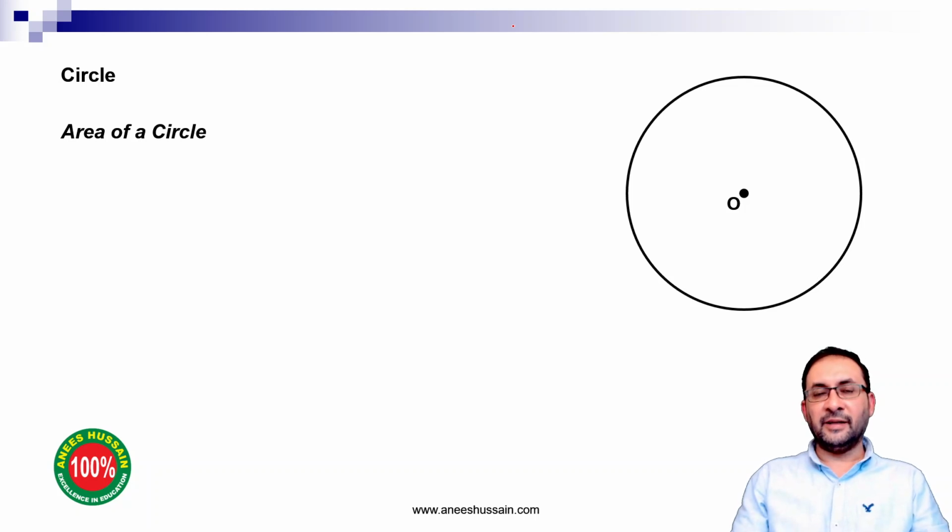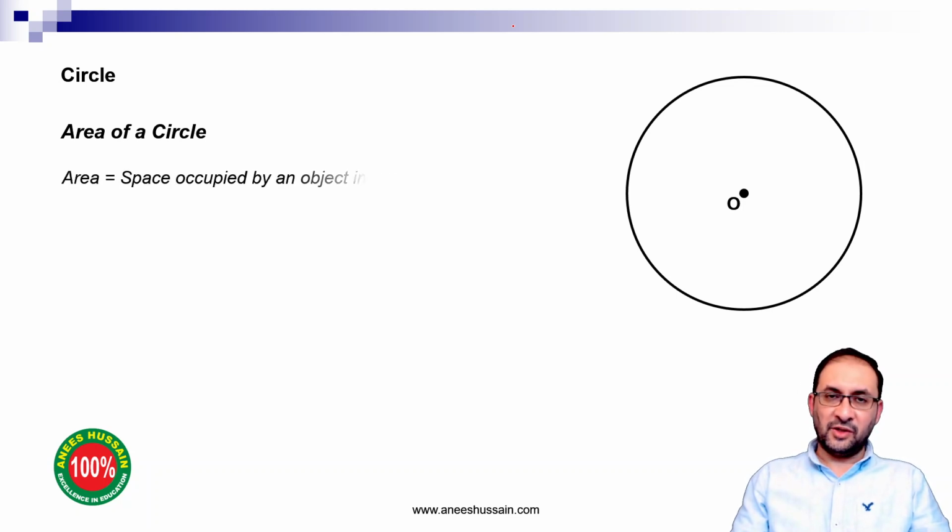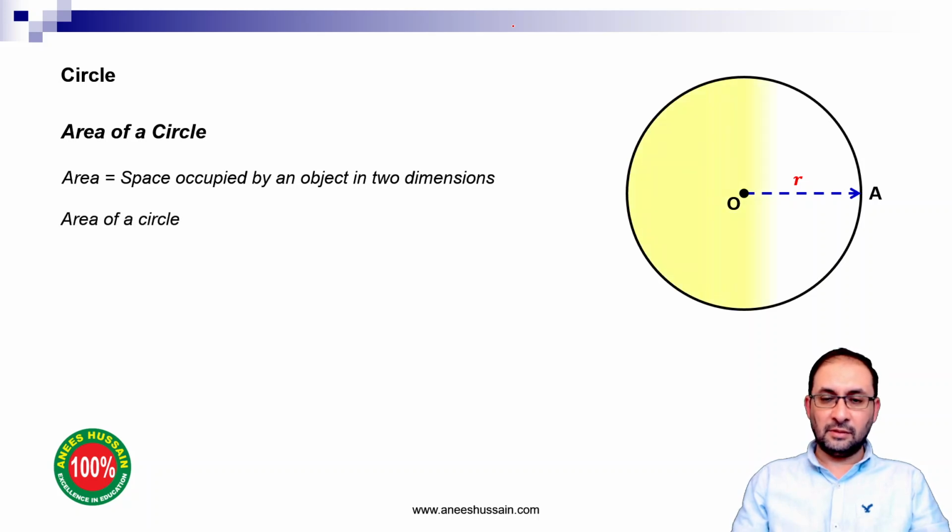Now let's learn how to find the area of a circle. As you remember, area is the space occupied by an object in 2 dimensions. In the circle on the right, let's assume that the radius has a length of r, so OA equals r, the radius of the circle. Then the area of the circle, the space occupied by the circle in 2 dimensions, can be calculated by the formula pi multiplied by r square.